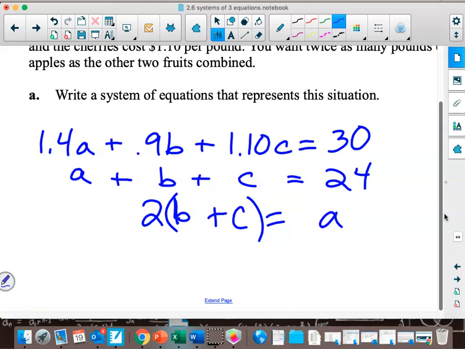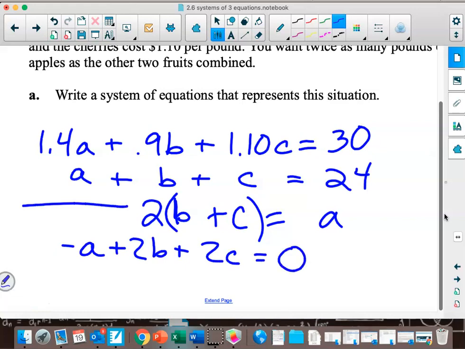So I have to times the B plus C times 2, not the A times 2. Right? Okay, so there's your 3 equations with your 3 unknowns. This one you would probably want to clean up a little bit. So maybe subtract the A and distribute the 2.